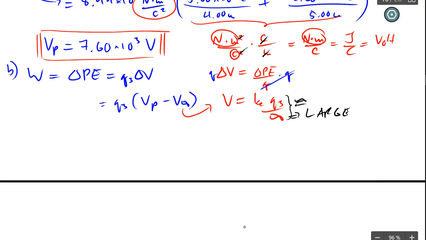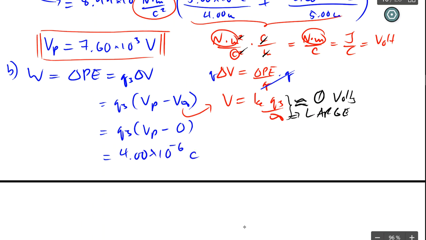It approximates zero. So this easily becomes the value that we had before minus 0. So this is 4.0 microcoulombs, moving the micro again, times the answer we got earlier.